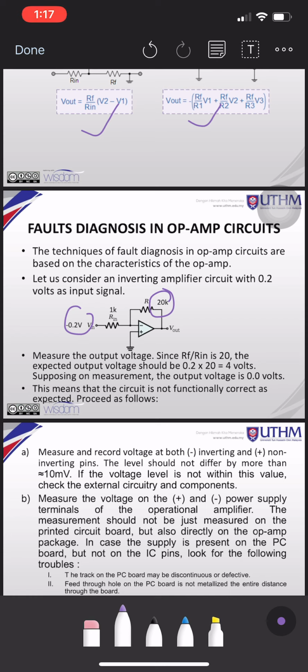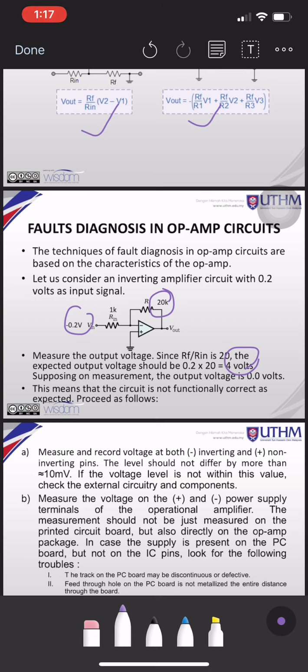We need to measure the output voltage. Since it is Rf over Rin, we divide 20k by 1k, and the factor is 20. So the expected output voltage should be 0.2 times 20, which is 4 volts. We do the measurement, and we note that the output voltage is 0 volts.